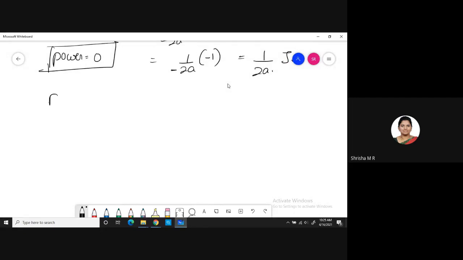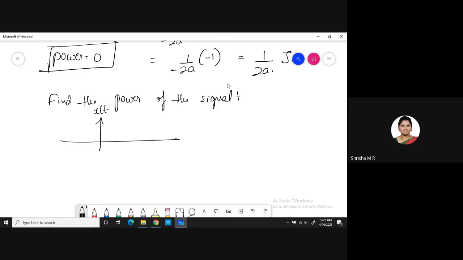So find the power of the signal. This is my waveform, this is x of t, and you have a signal like this.